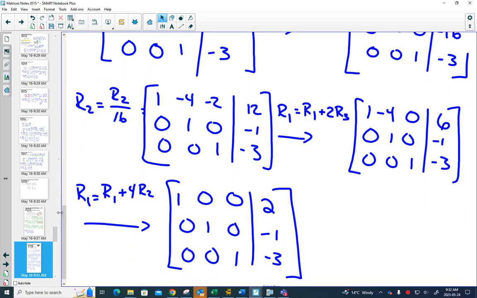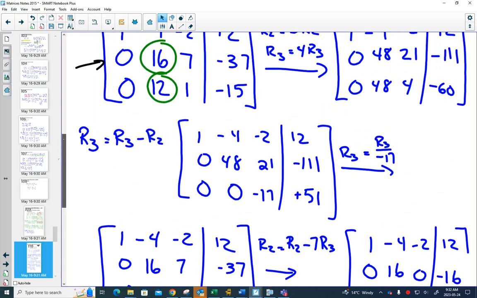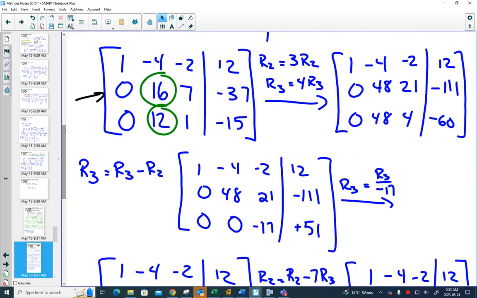So when you get the bigger numbers, like I did in this situation, if you want to take an extra step, I'll move back up to this extra step, you could. You could have also just done, right? You could have said, I can take row 3 and multiply it by 16, and then subtract 12 row 2s.